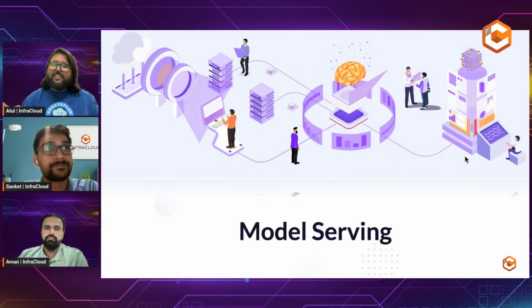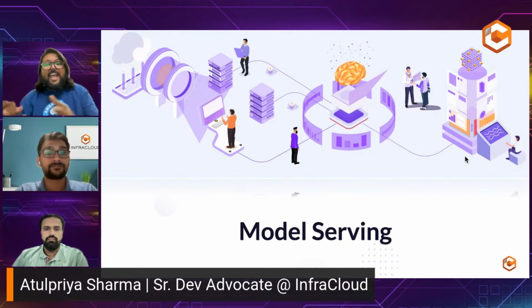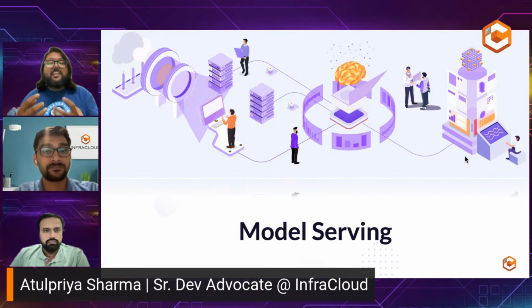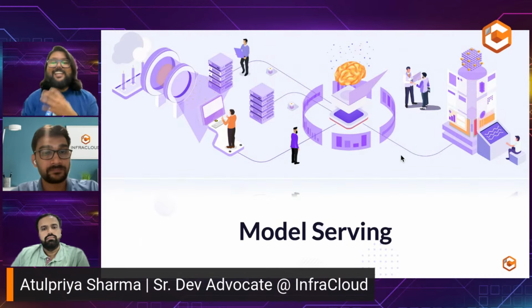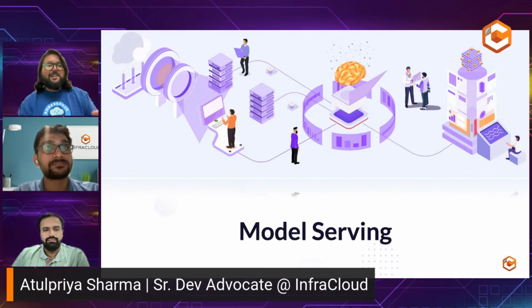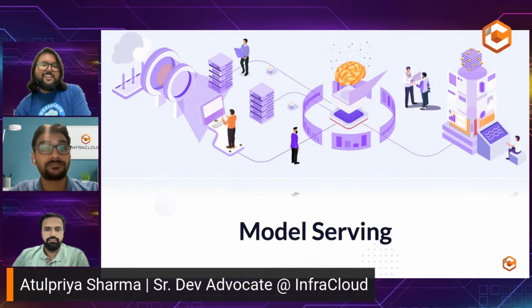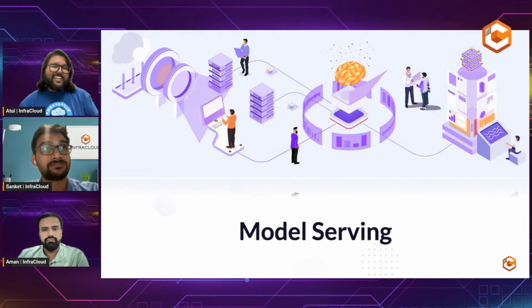At a very high level, it's a process that takes your trained model, the Gen AI model, the ChatGPT sort of model that we discussed, from the lab to an actual production setup, making it available to folks at scale. Now, this is a very straightforward and layman description that I've given. That is why I have experts with me who can help define and refine this description. So over to Aman, who can tell us more about model serving, what it is, how it works, why it's needed, and so on.